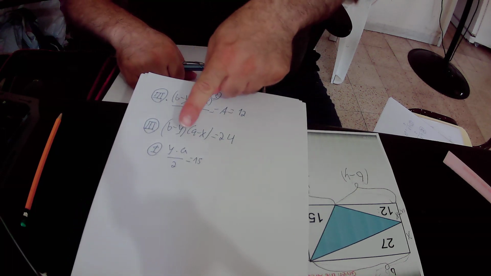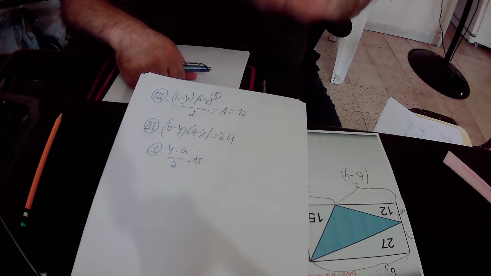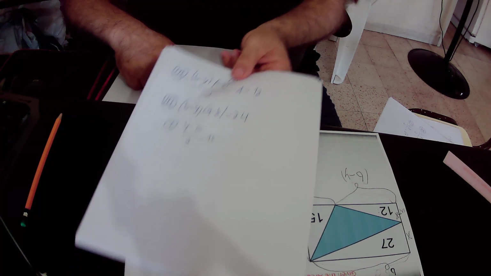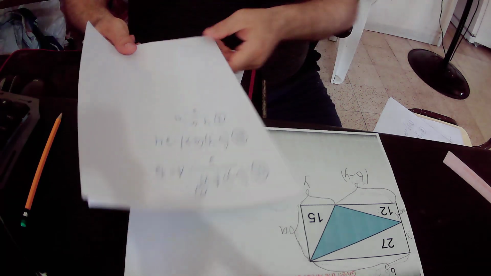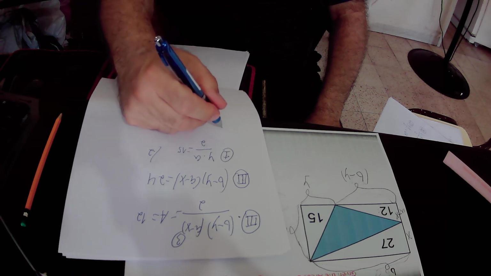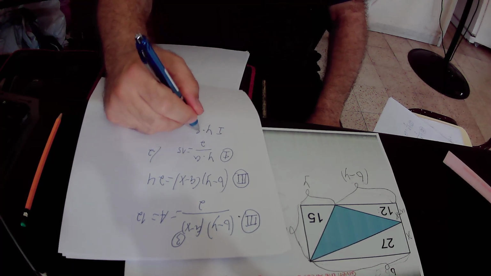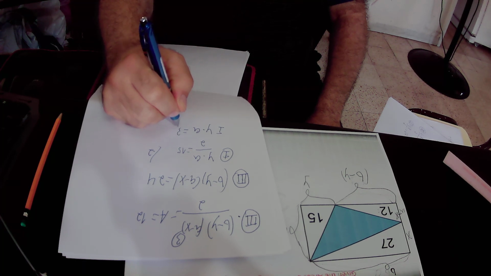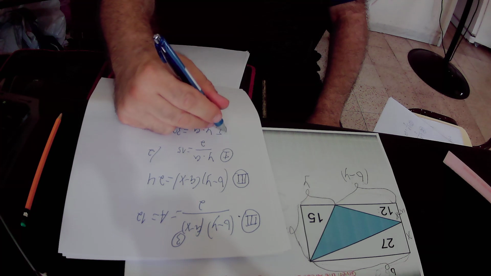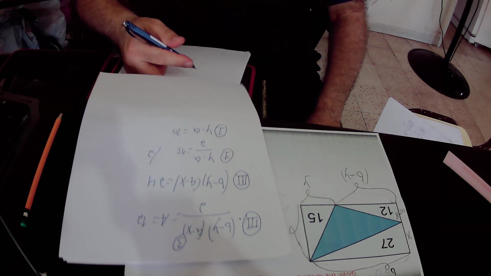First of all we will multiply both sides of the equation by 2, so we'll get that y times a equals 30. Now we will divide both sides of the equation by a.